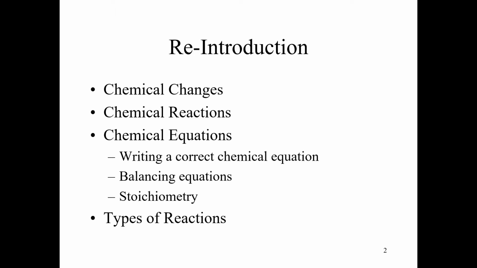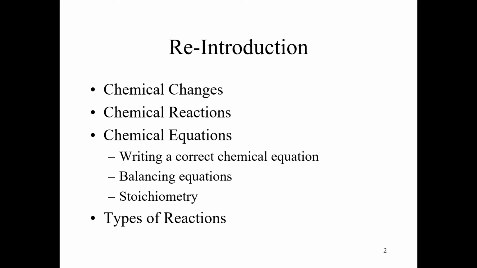Chemical reaction being a specific substance or set of substances called reactants interact to form a new substance or set of substances that we call products. Remember that a chemical reaction involves the rearrangement of atoms specifically, but not the creation or destruction of matter.